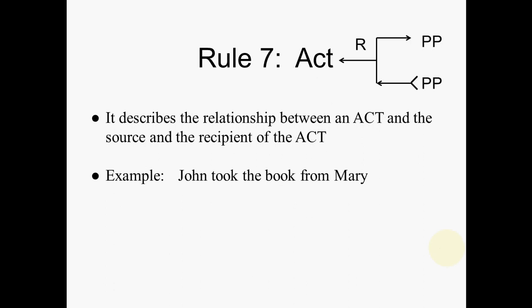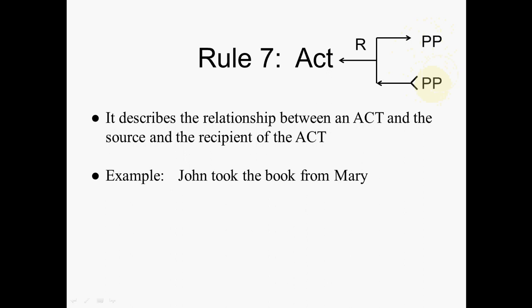Rule number 7. Now this is slightly interesting. As I've already told you, R is a recipient action. This rule is basically used to convey which object PP is the sender and which object PP is the receiver. Please see the arrow. The arrow goes from here towards this PP. So this is the source of the action and this is the destination of the action.